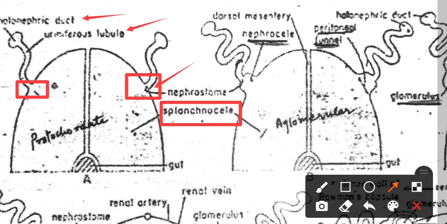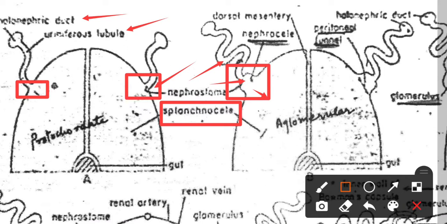If you take the next stage, you can see that these uriniferous tubules are draining into the nephrocoele, which is opening out into the main splanchnocoel, or the coelom of the animal. So again, there is a direct relationship of the nephrocoele with the splanchnocoel.